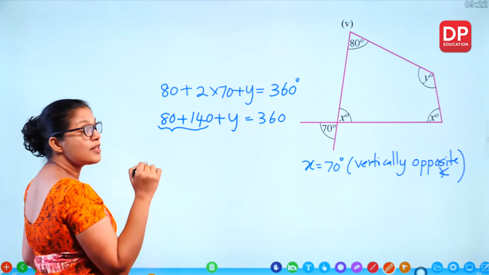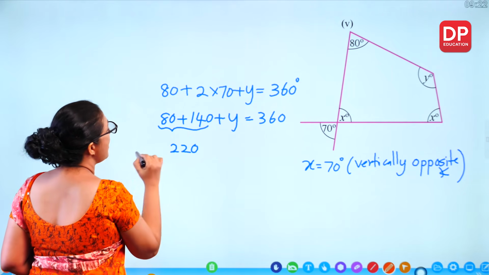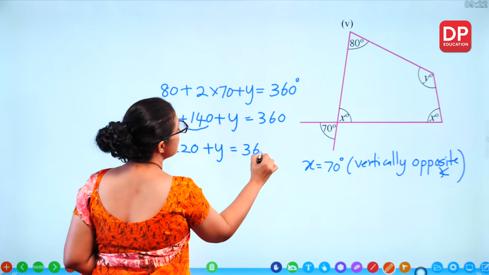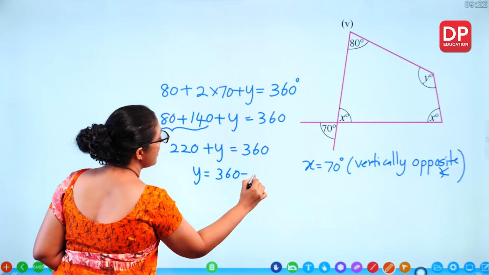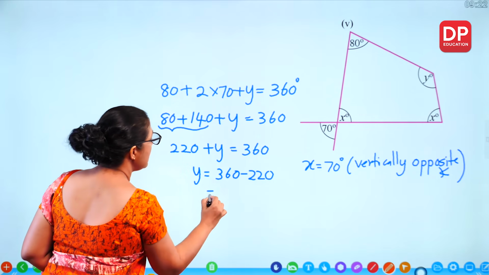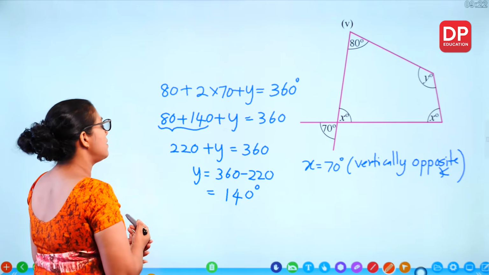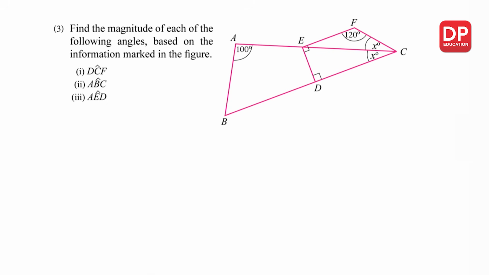First add these two. You get 220 plus y equals 360. So what's y? 360 minus 220. You get 140 degrees for y.